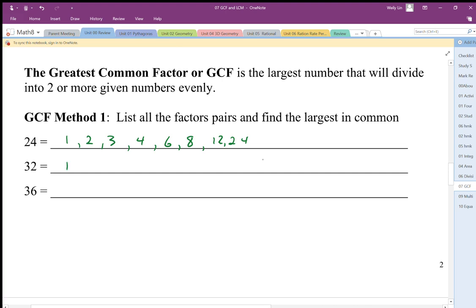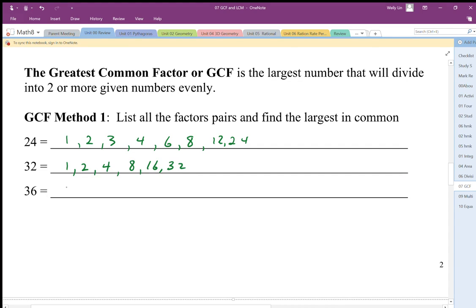So I end up with 1, 32, 2, 16, 4, and 8. And we're going to end up with 8 and 4. So we've come to the last factor pair. These are all our factor pairs here. So 32 has these factors.